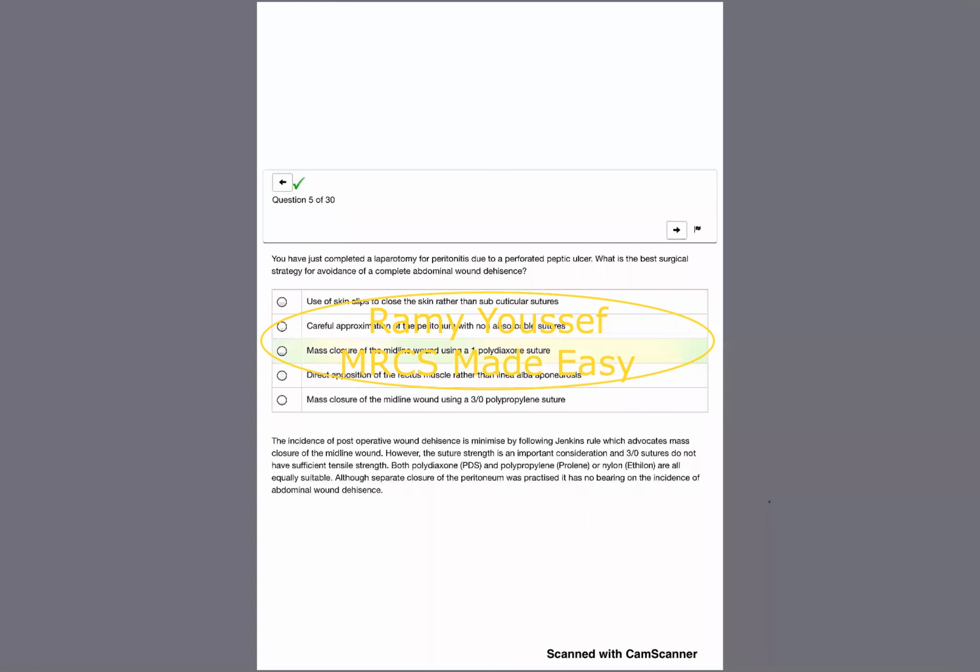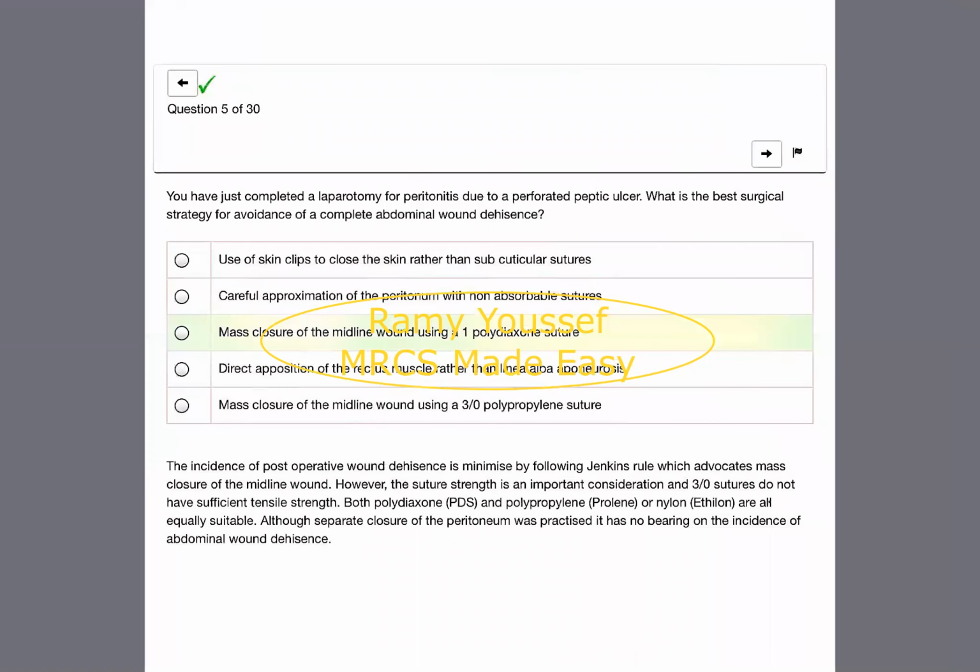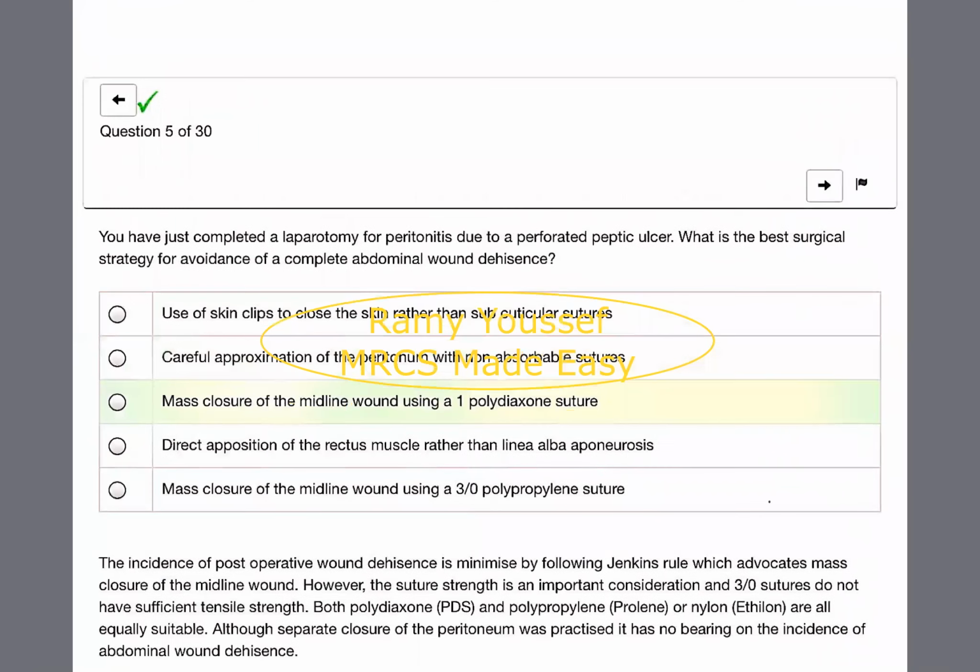Using mass closure with one PDS suture. Exactly. So you choose C. Yes, okay. We do mass closure by one or two PDS. PDS is one of the most useful and nice suturing materials to close the abdomen in mass closure, and it's a very long suture, by the way, and sometimes it comes in a name like loop.